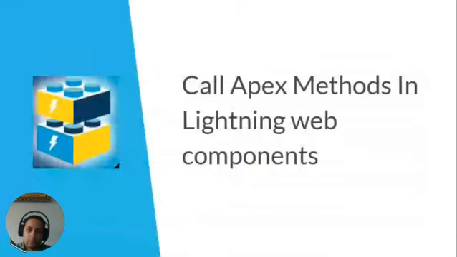Lightning Web Components can call Apex methods also. A Lightning Web Component can import methods from Apex classes into the JavaScript classes. Once you import the Apex class method, you can call the Apex method as a function in the component, either via the wire service or imperatively.